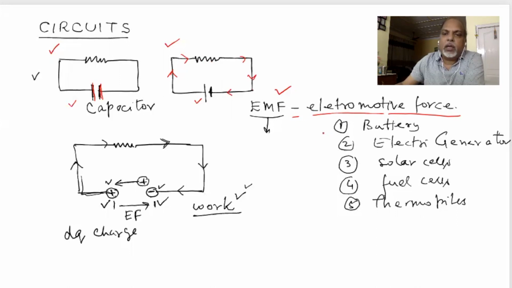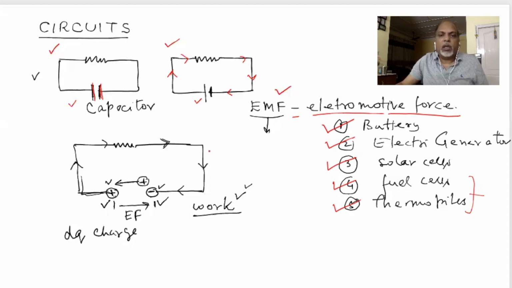Some of the EMF devices are battery, electric generator, solar cells, fuel cells, thermopiles. These last two are used in spacecrafts. You can study about them.